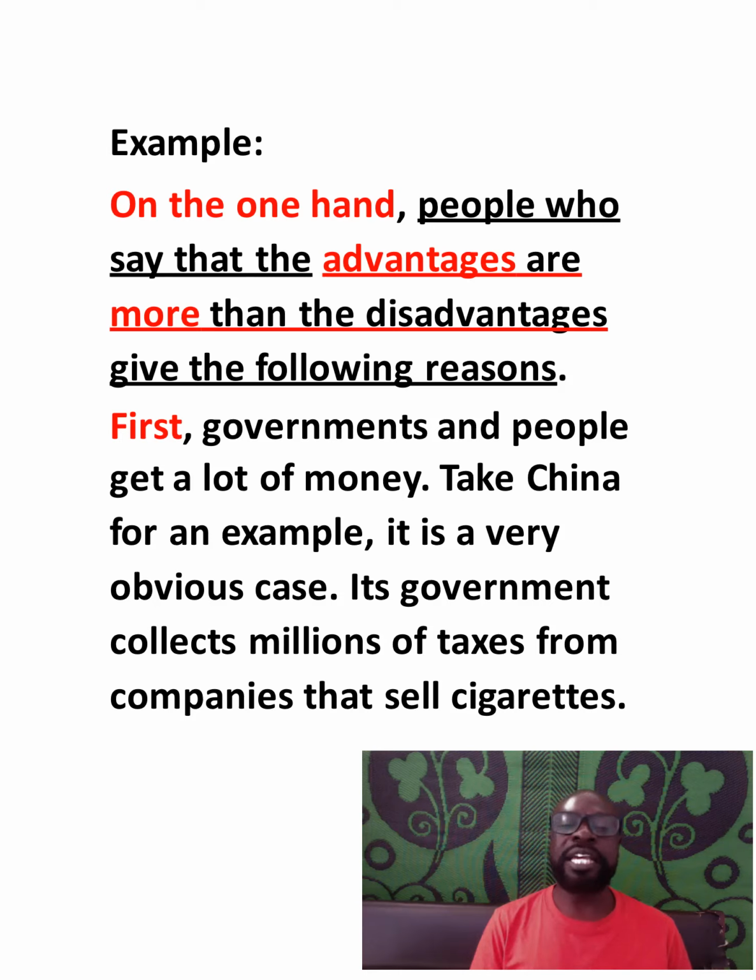The point, governments and people get a lot of money. Which people? Which government? I have answered it, the Chinese government. But you don't have to give one country. You can say China, Uganda, Kenya, Somalia, and you tell us how much money they earn from that. So that is an advantage. I'm giving an advantage means the good things of smoking.